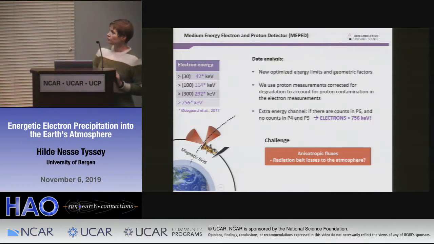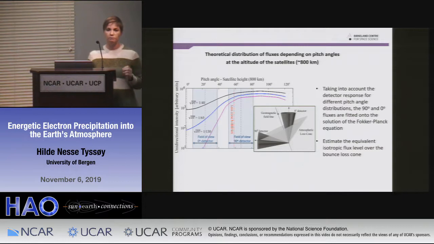And contamination is not always bad, because electrons will also hit the proton detector. If there are no protons in P4 or P5, we know that the P6 channel measures relativistic electrons, so we basically add an extra energy channel. And we deal with the anisotropic fluxes by using both the 0 and 90-degree detectors.